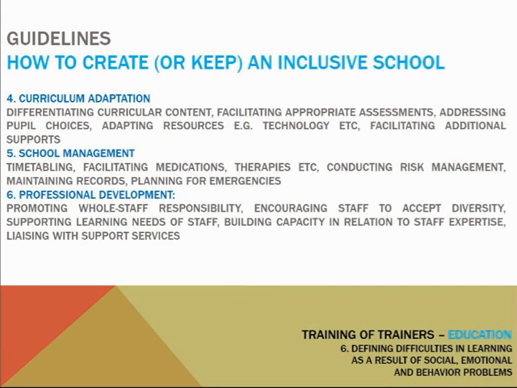6. Professional development: promoting all staff responsibility, encouraging staff to accept diversity, supporting learning needs of staff, building capacity in relation to staff expertise, liaising with support services. 7th point, community development: promoting whole school awareness, liaising with the board of management, building an inclusive ethos through shared extracurricular activities, collaborating with relevant community groups, and collaborating with other schools. 8.